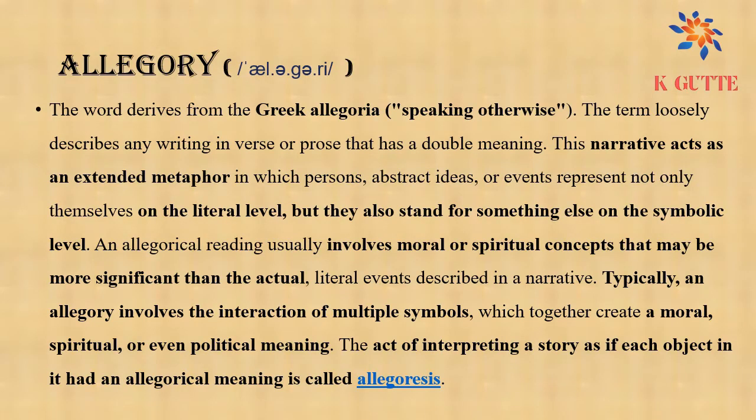This is the second literary term, that is allegory. The word derives from the Greek word allegoria, that means speaking otherwise. The term loosely describes any writing in verse or prose that has a double meaning.